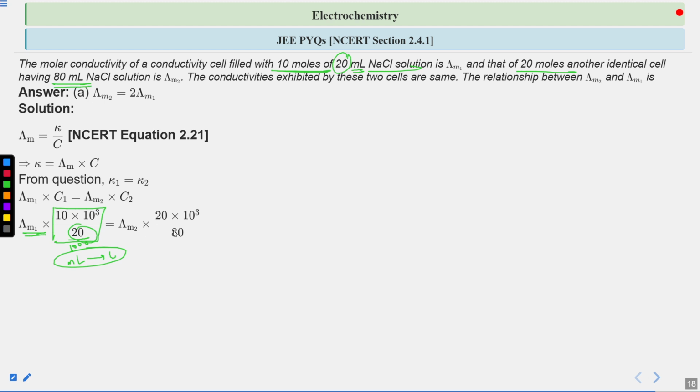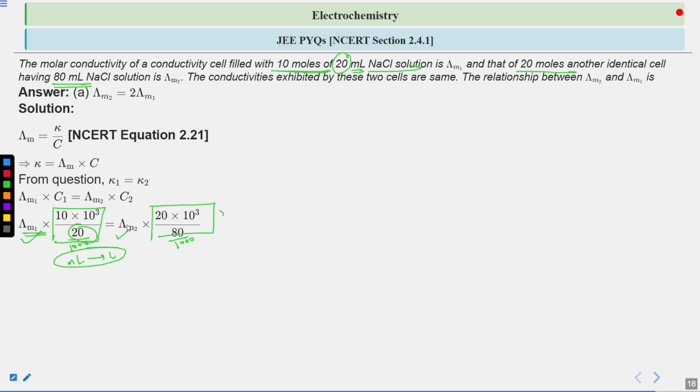For the unit conversion of milliliter to liter, we divide 80 by 1000, and this 10 to the power 3 goes in the numerator, and that's why we are writing this term. So we are relating these two terms. You know that only lambda m1 and lambda m2 are the variables. Other than that, we can solve everything, right?